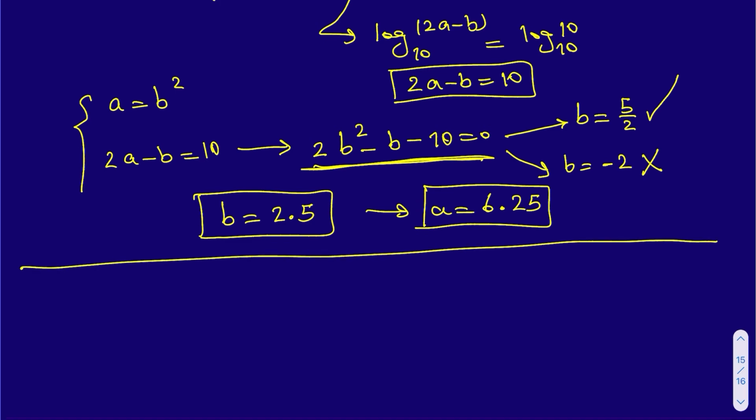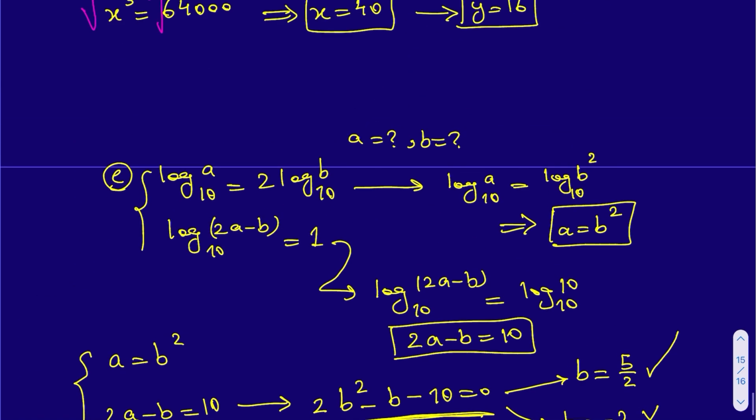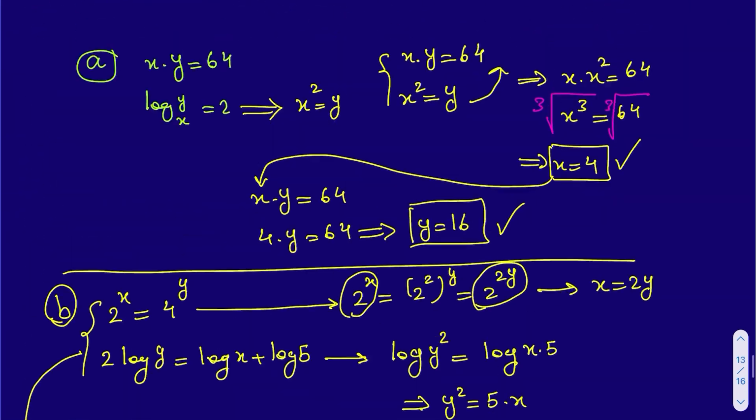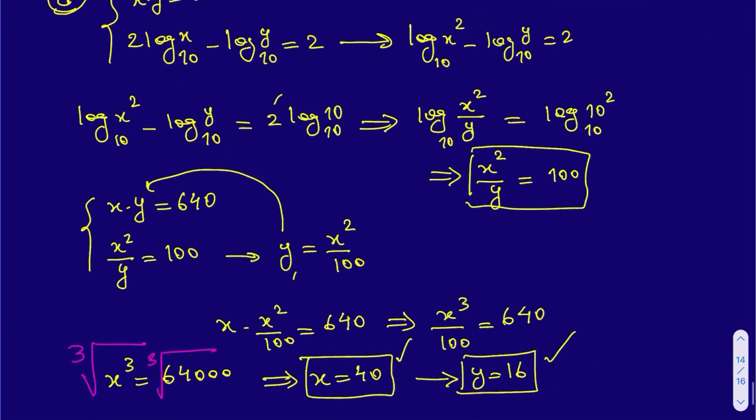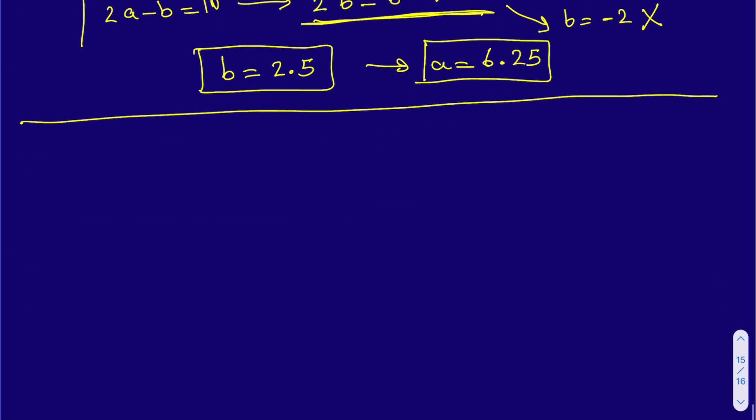Okay, now let's move on to f and solve f. I will write f here again for you. f will be 4 to the power of xy is equal to 2 to the power of (x plus y). Okay, this is one equation.